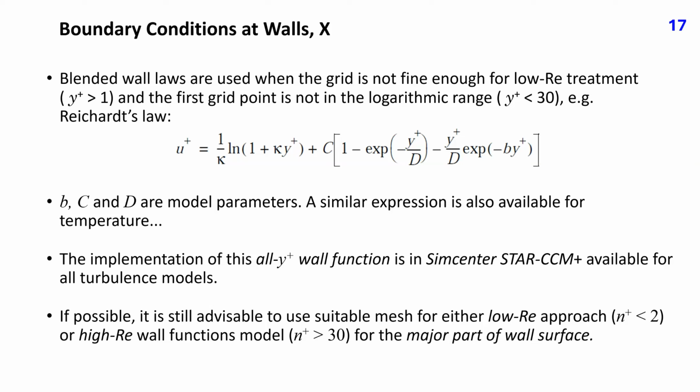The implementation of this so-called all y+ wall function is in Siemens Simcenter STAR-CCM+ software, available for all turbulence models. If possible, it is still advisable to use a suitable mesh for either the low-Reynolds approach with y+ less than 2, or high-Reynolds with wall functions, y+ greater than 30, for a major part of the wall surface.